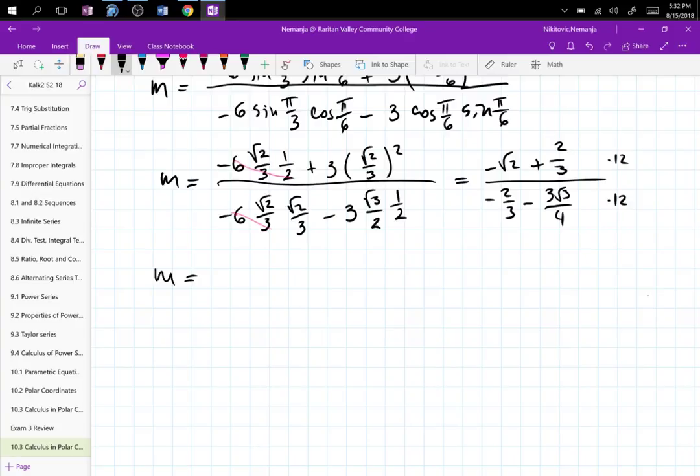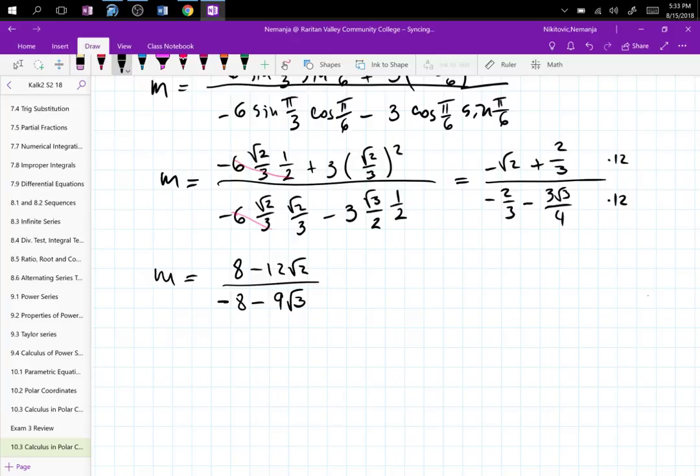So I have 8 minus 12 root 2 in the numerator, and in the denominator we have negative 8 minus 9 root 3, because 12 kills that 3. Is that the right answer? Yes.